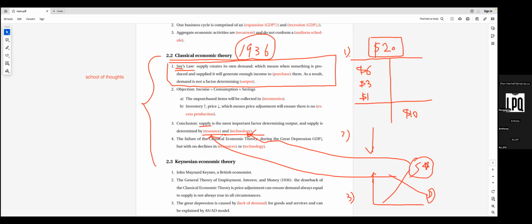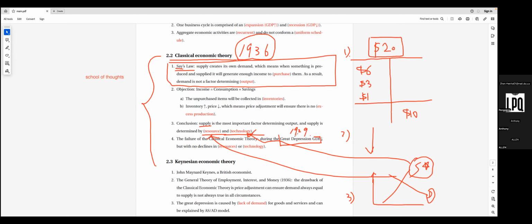But finally, it turns out classical theory is wrong. It is partially right, but overall speaking, classical theory is wrong. Why is it wrong? In 1929, something happened.